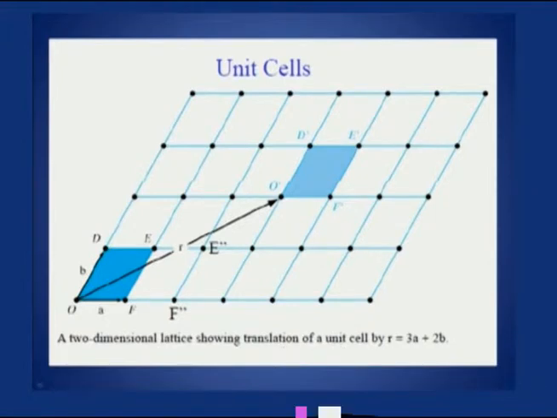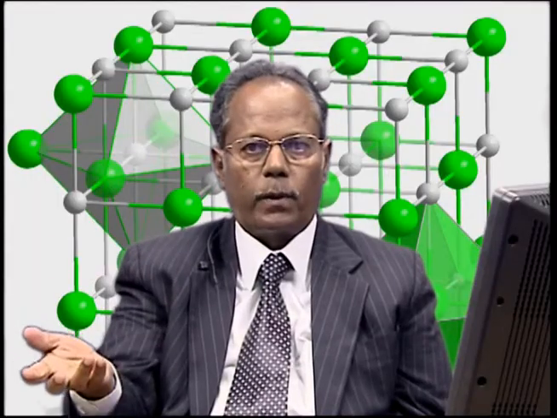So, both the primitive cell and the compound unit cell will be able to generate the entire lattice, all lattice points, but the compound unit cell alone will give all the symmetry properties. The symmetry properties are related to the physical properties, okay.